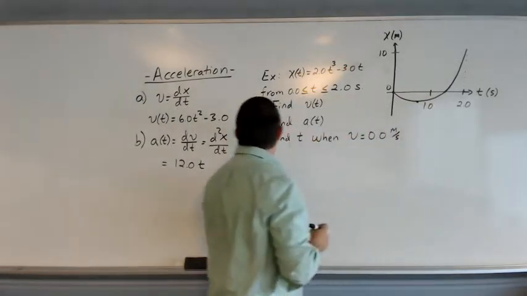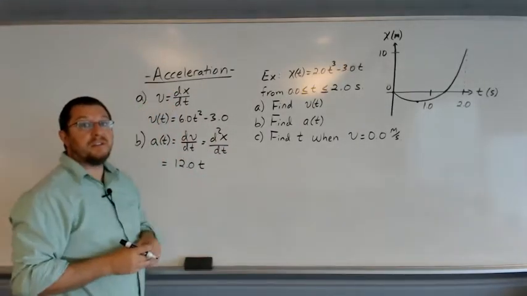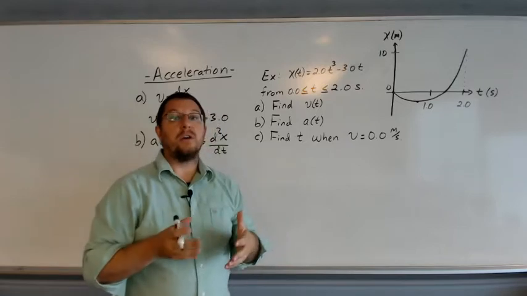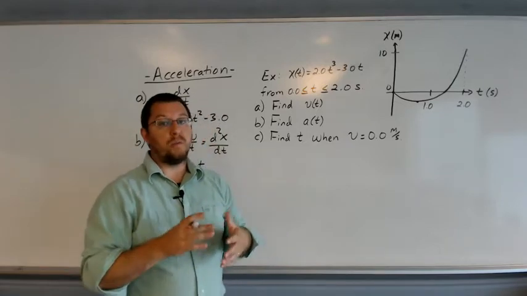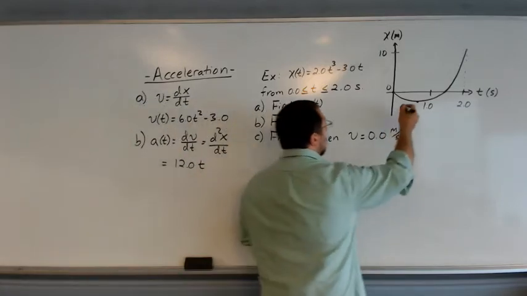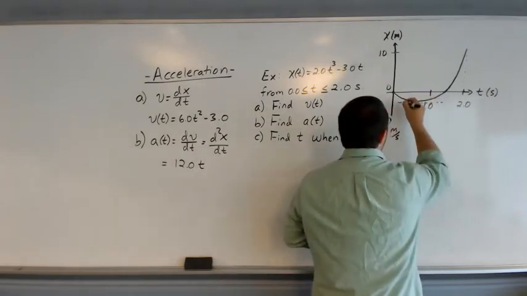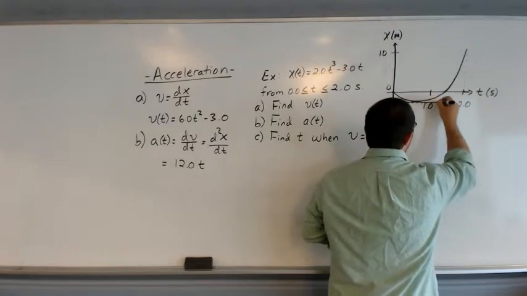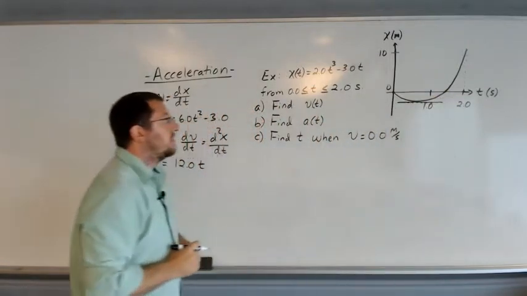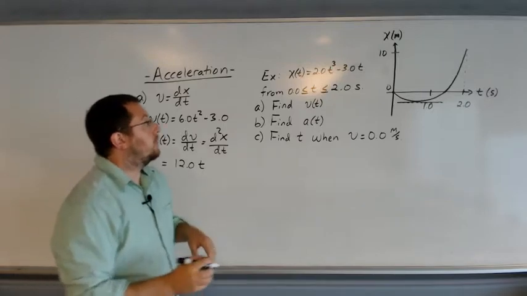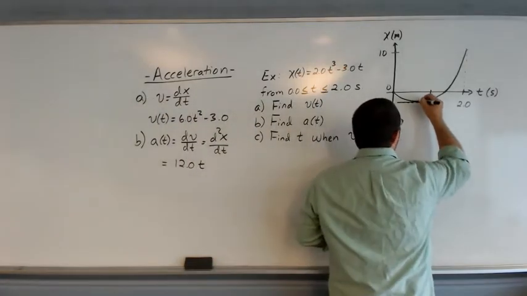Recall that the derivative is a slope, and so your minimum or maximum occur where your slopes are 0. And so if I draw a line tangent to my curve here at that point, I can see that the slope of the line tangent to the curve at that point is 0. So it is this time right here.